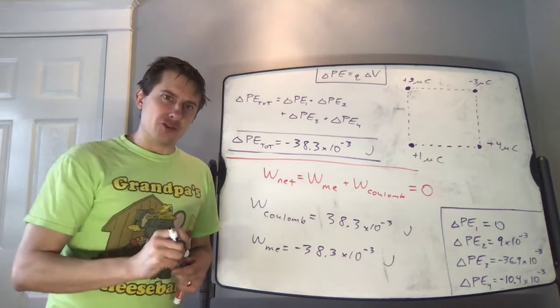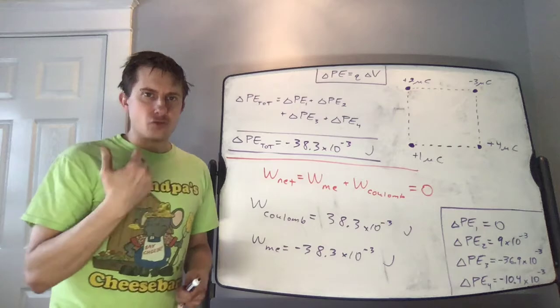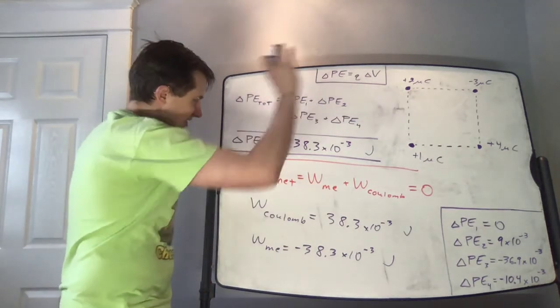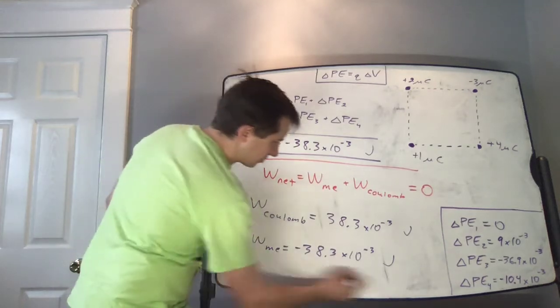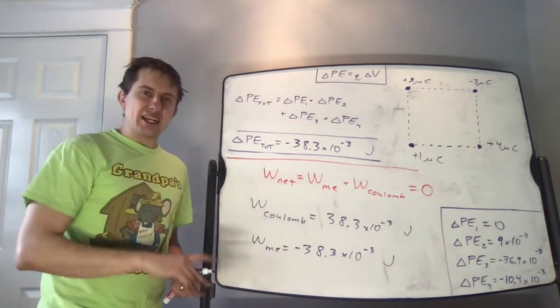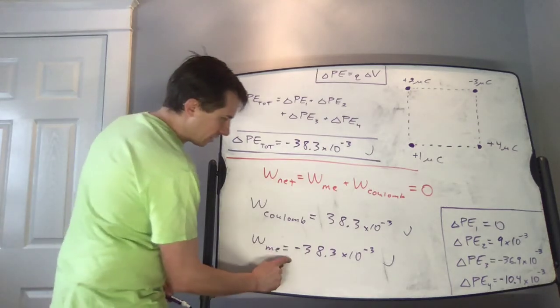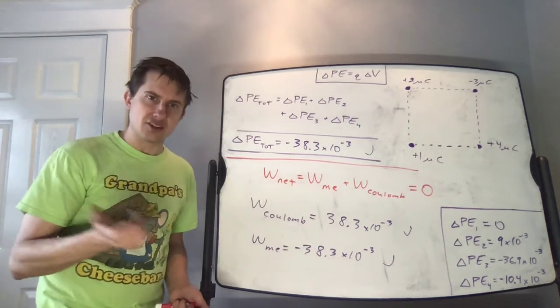I said before, you could think of work as the amount of energy we give to a system. So if assembling this system requires me to do this much work, I could say that the total potential energy of this system is going to be negative 38.3 times 10 to the minus 3 joules.